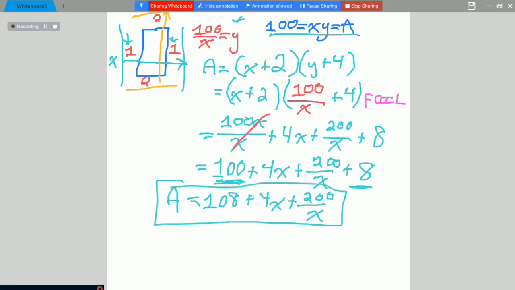So now, before I continue, there's 3 steps that are required to solve optimization problems. You take the derivative, you set it equal to 0, and you find the critical points. Before you could even get to taking the derivative, you see that there's a whole bunch of information involved in it.